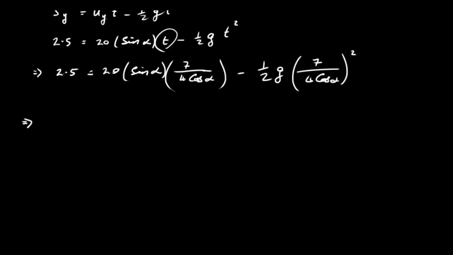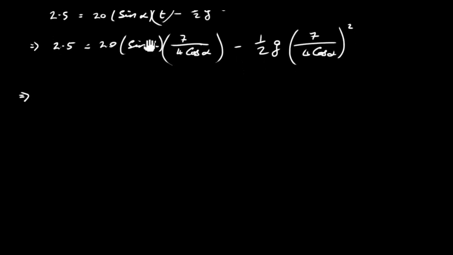So let's simplify this first before we do anything with it. So it's 2.5 is equal to, we've got to multiply 20 by 7, so that's 140, divided by 4, that's 35. So what we end up with is 35, and then we've got sine alpha over cos alpha.